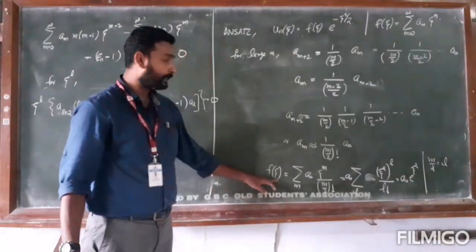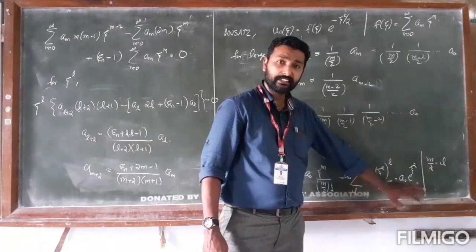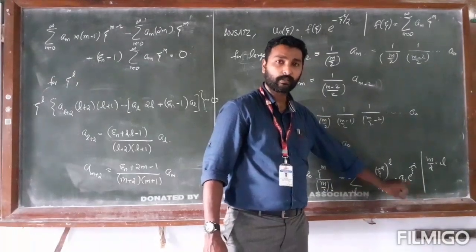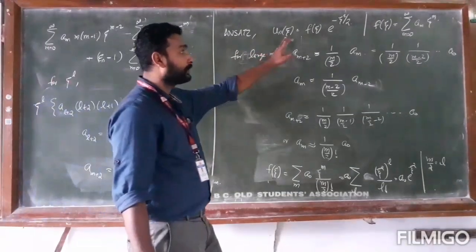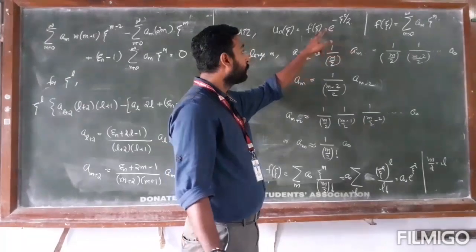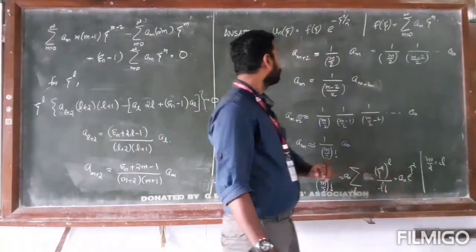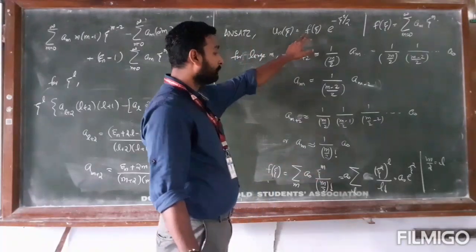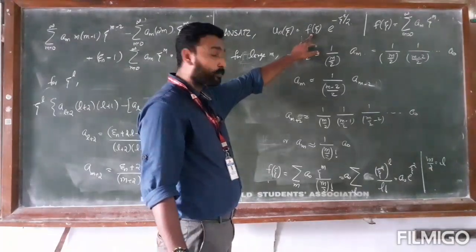Okay. So f of theta will take the form a0 e raised to theta square. Is this solution valid? You can go back to your un of theta. Un of theta is f of theta e raised to minus theta square by 2. If you put f of theta as e raised to theta square, then un of theta will become e raised to plus theta square by 2.